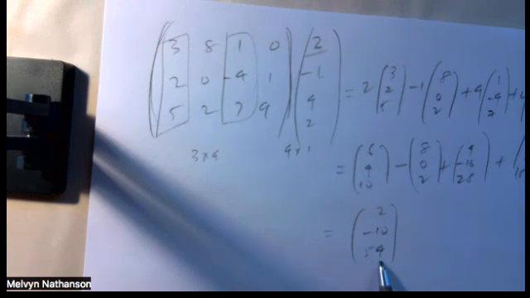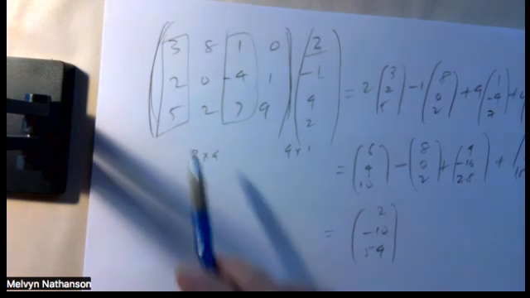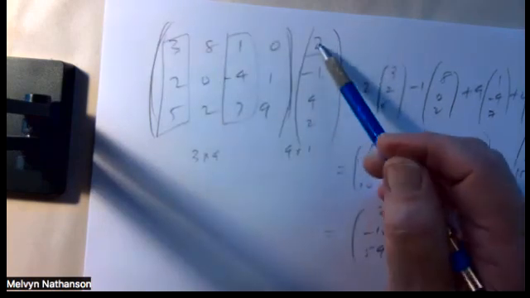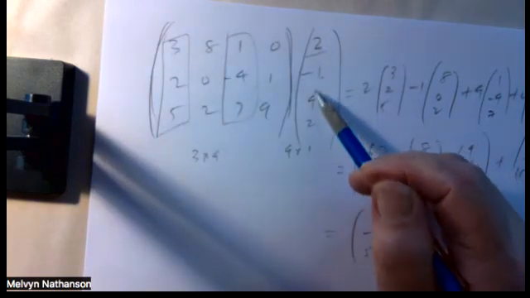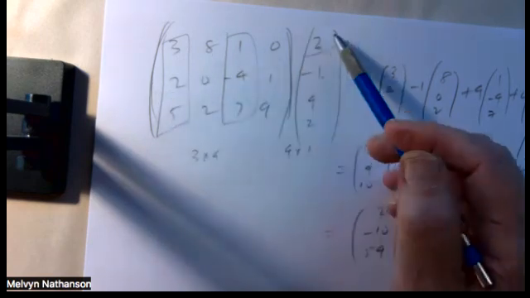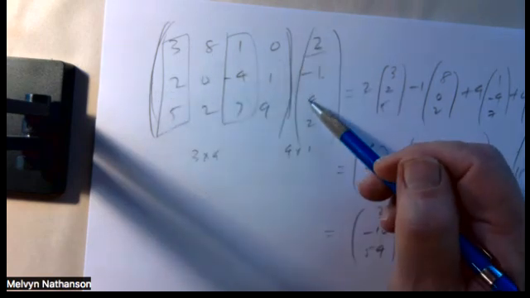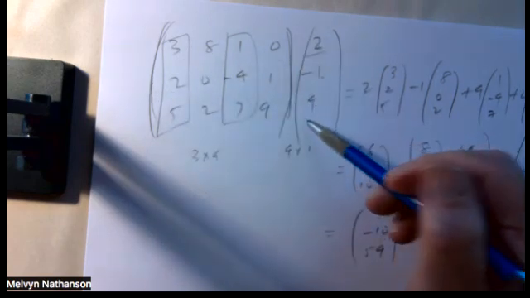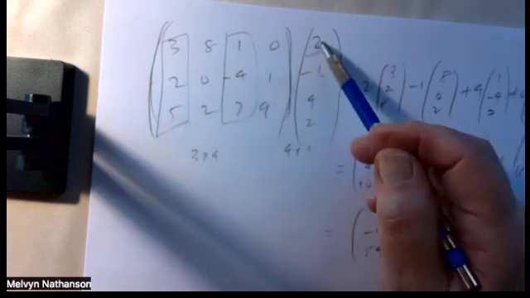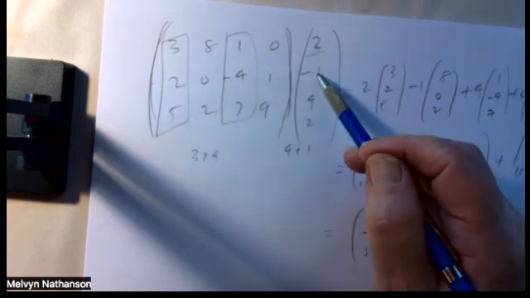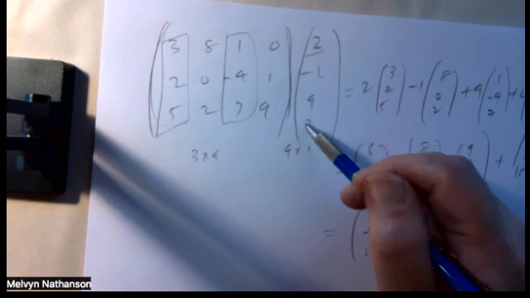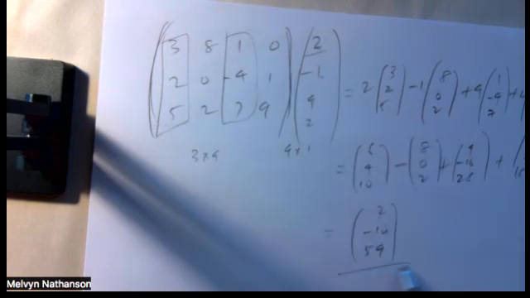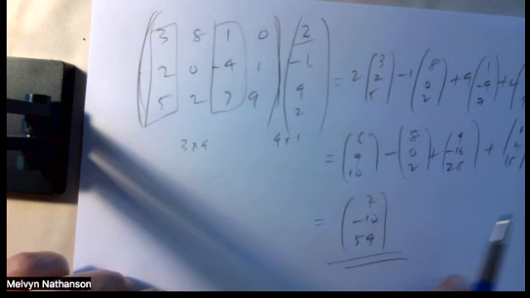And when you do the arithmetic, this is what you get. And if we just did matrix multiplication, row into column, what will we get? We will get 2, minus 10, 54. So it all works out nicely.